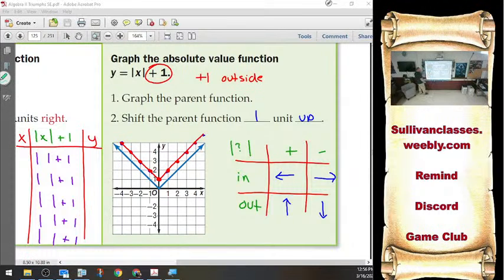If you can't graph this by transformations, then -2, absolute value of -2 is 2, 2 plus 1 is 3. -1, absolute value of -1 is 1, 1 plus 1 is 2. Absolute value of 0 is 0, plus 1 is 1. Of 1 is 1, plus 1 is 2. 2, 2, 3. I don't want to make that table every time. If I don't have to make the table, I'm not going to. I would rather just move that thing up.